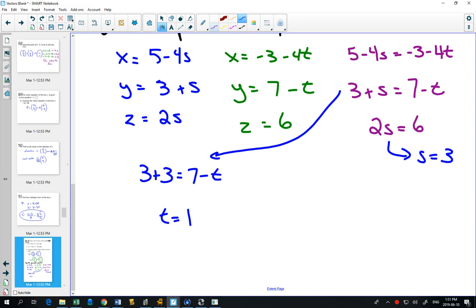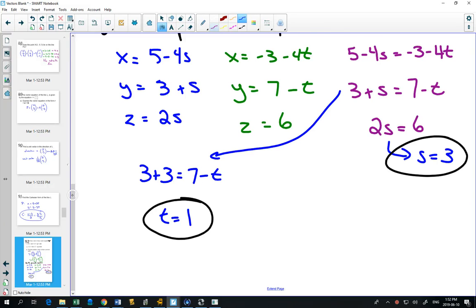Can you see that t has to be 1? And so we can say that there's a point in common when s is 3 and t is 1.